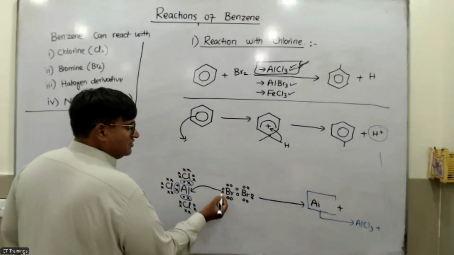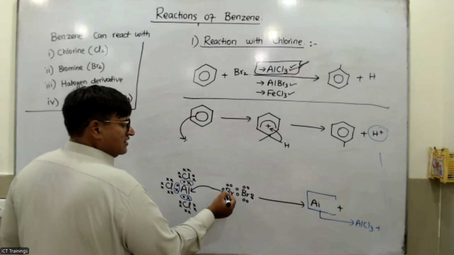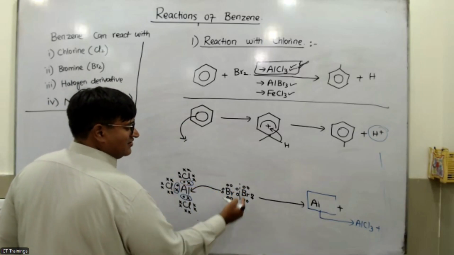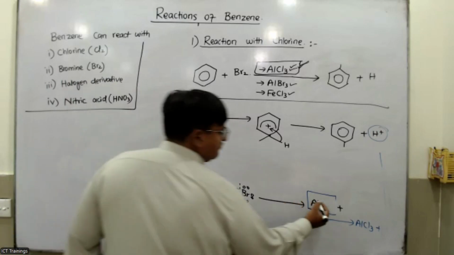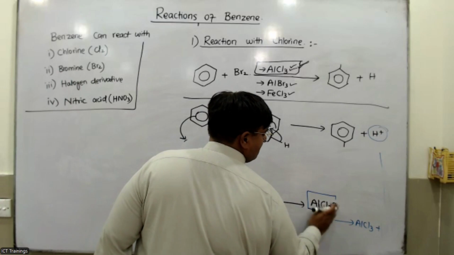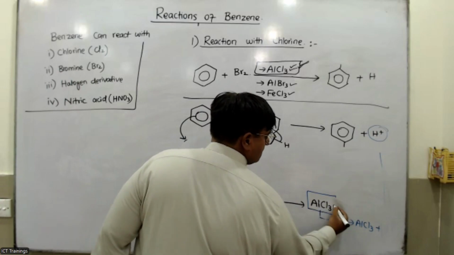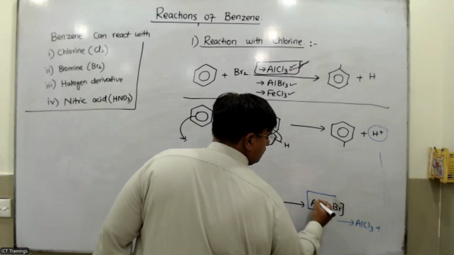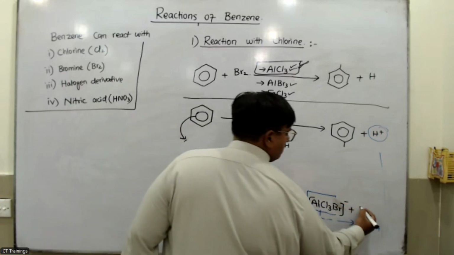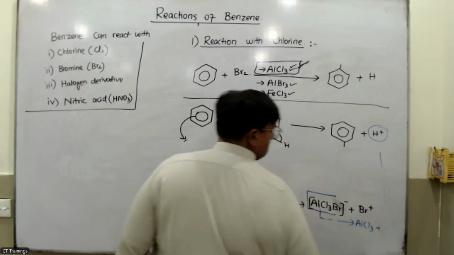Okay, so what does this bromine do? It is going to give its lone pair to this AlCl3 and snatch the electron of this bromine as well. So it would become AlCl3Br. This whole thing would become negatively charged, okay, and this Br would become positively charged.